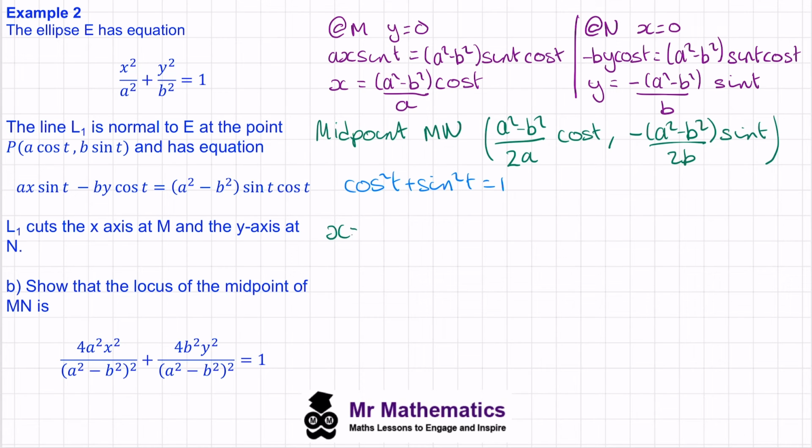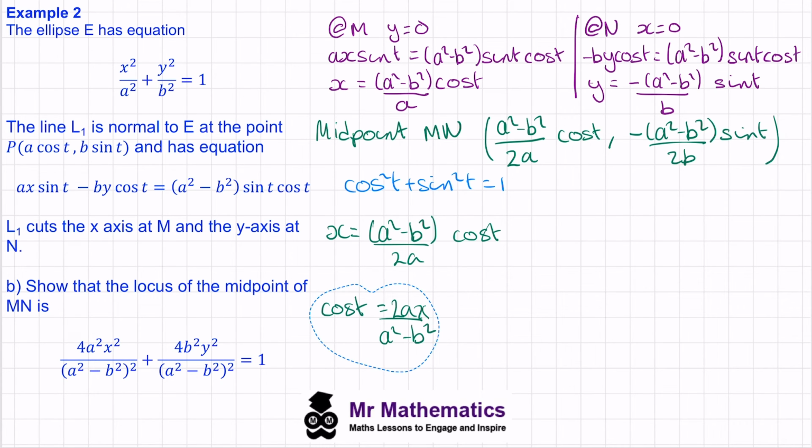So x is equal to a squared minus b squared over 2a times cos t. Therefore, cos t will equal, we can move the 2a to the right hand side and then divide both by a squared minus b squared. So this will give us 2ax over a squared minus b squared.